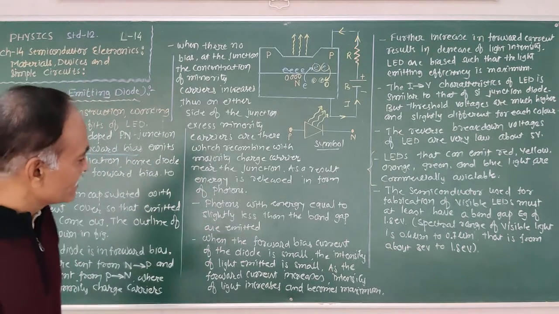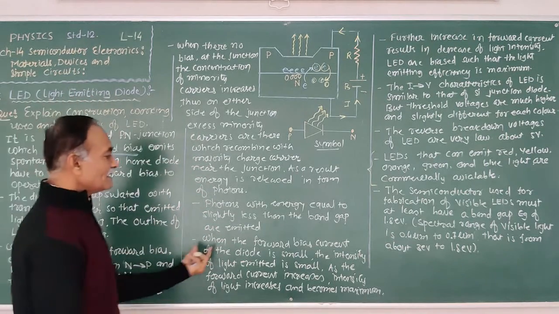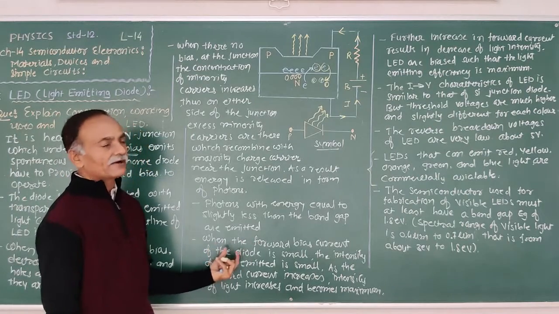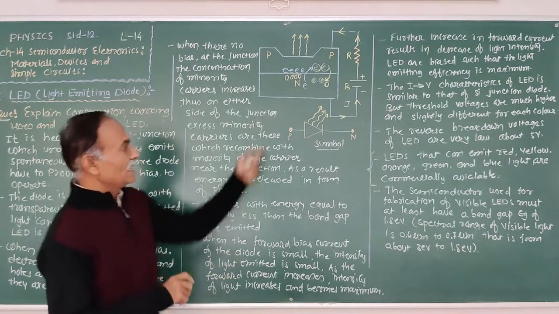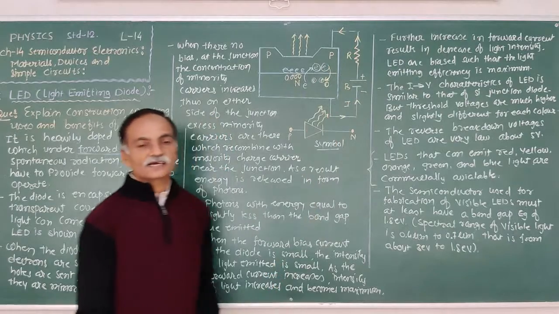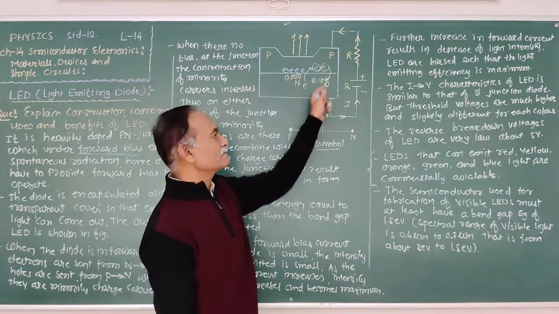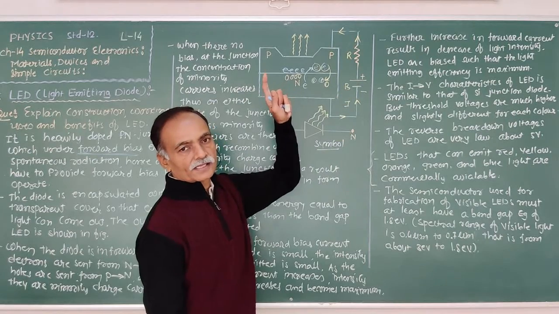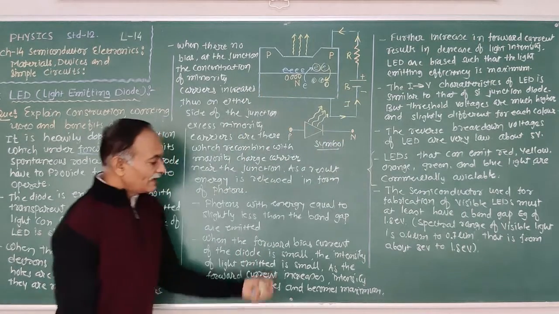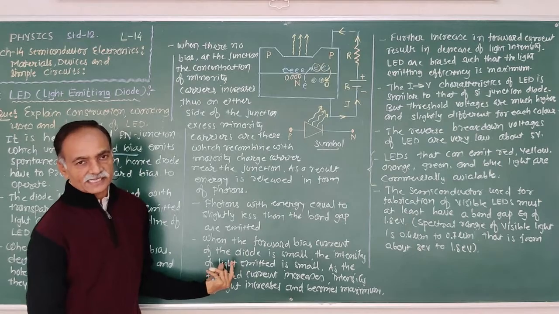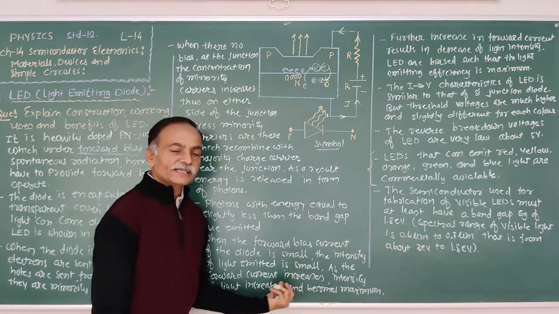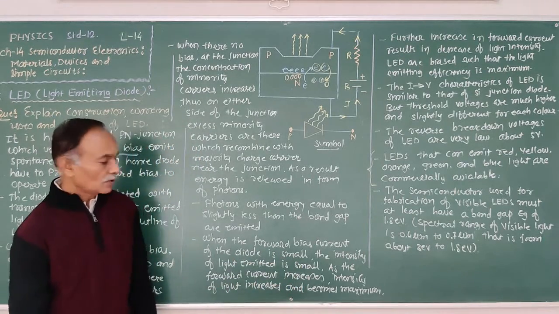When the bias is connected and the forward bias current is flowing, the electric current flowing in the outer circuit is from N to P. Right? When the value of forward bias current is small, the intensity of the emitted light is also small.